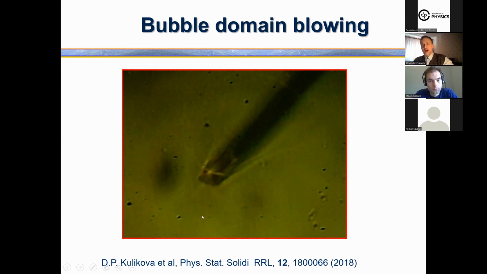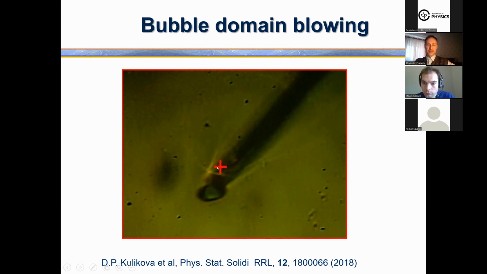It is called a bubble domain, and in its properties it's also very similar to a soap bubble, because it tends to minimize its surface energy. When you switch off the electric field, the bubble disappears, it shrinks. So this bubble tries to minimize its surface energy, like a soap bubble.